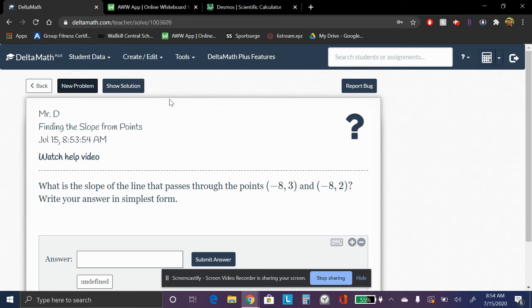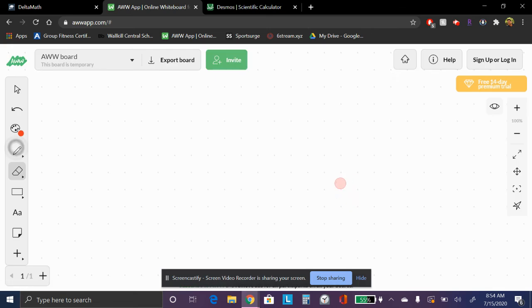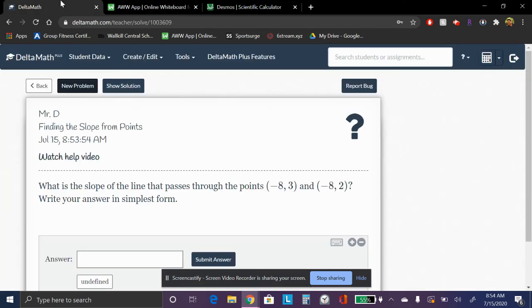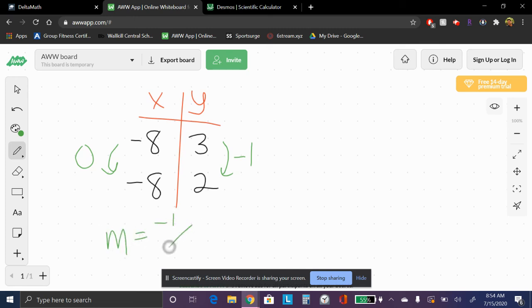Okay. (-8, 3) and (-8, 2). All right, so this one is going down 1. 3 to 2 goes down 1. -8 to -8 doesn't go over anything. So your slope is -1 over 0.